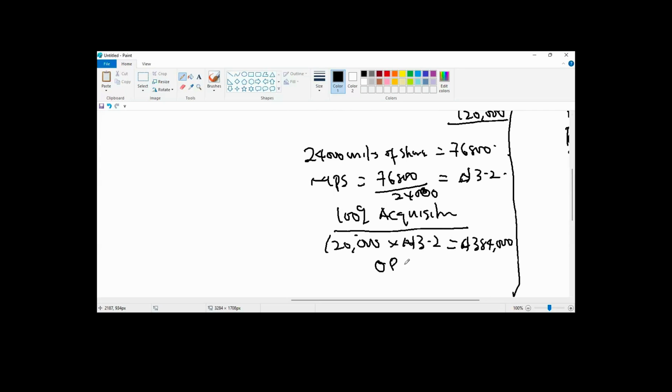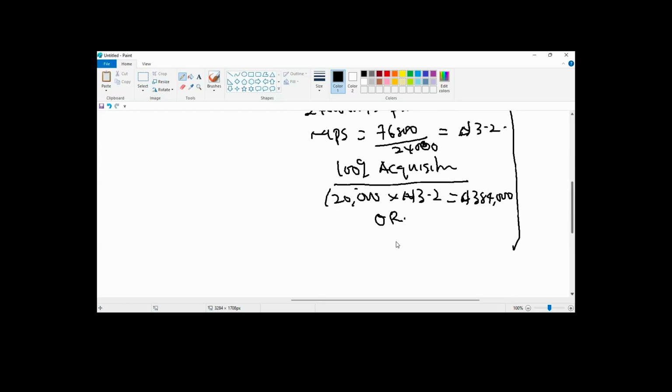Or I will just gross up 76,800, so 76,800 divided by 0.2. What does it give us? 384,000. So it gives me the same thing. That is it.